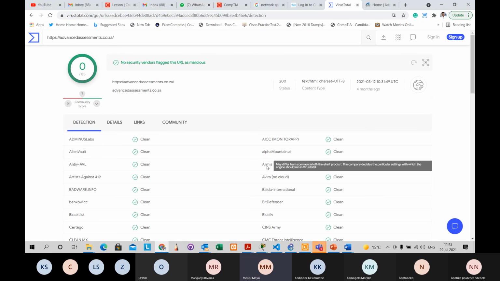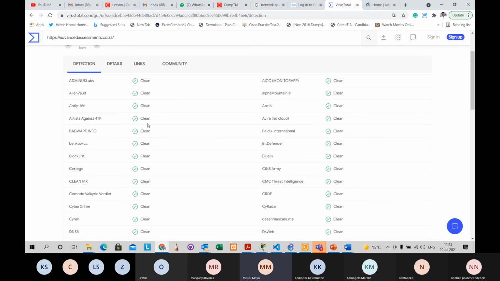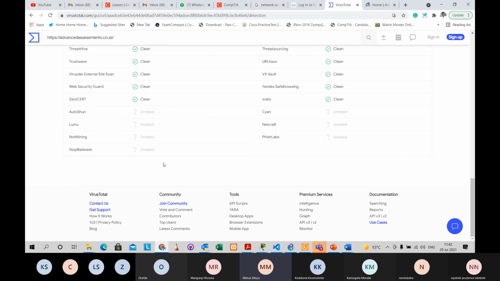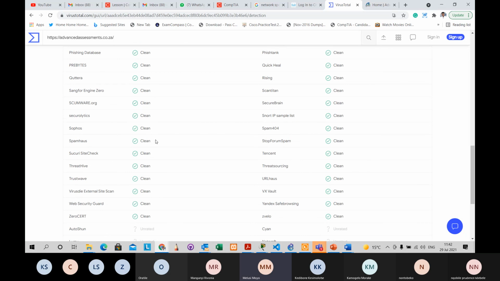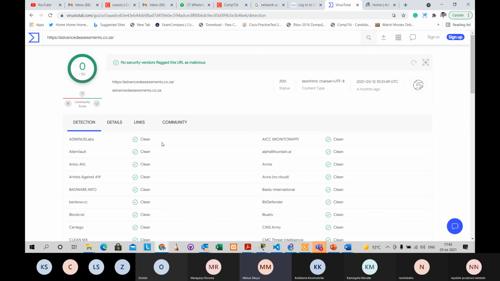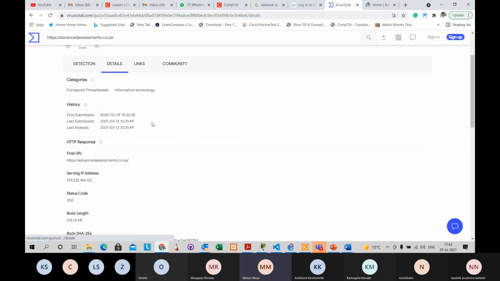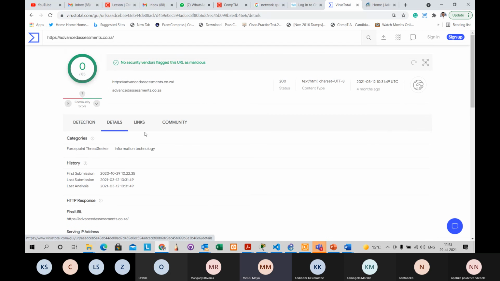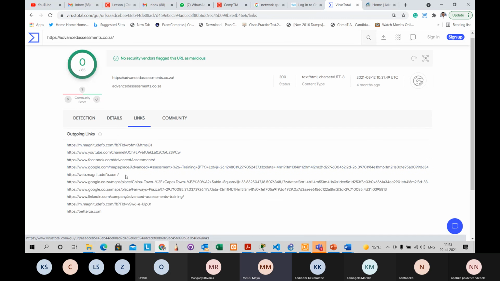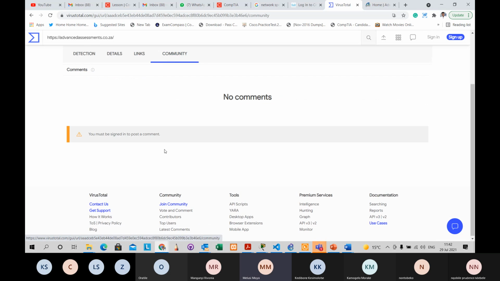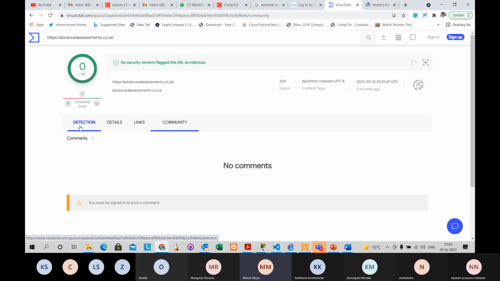And then all of the antivirus engines will test that. You can see it says clean, clean, clean, and they pick it up as a clean site. If you want details, you can get the details there.